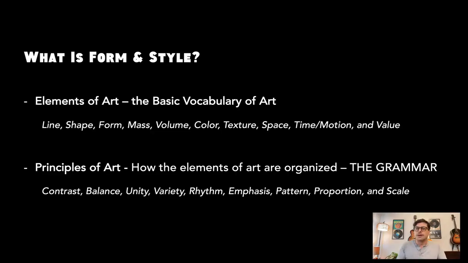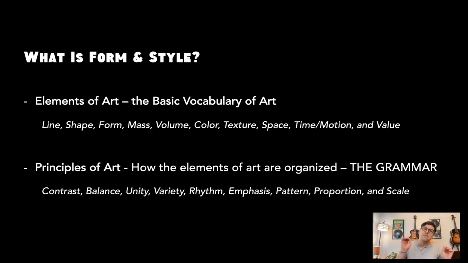So I want you to think about it this way. We have this thing called the elements of art, and then we have this thing called the principles of art. Often they blend really well together, but they are two distinct sets of rules. But what I would like to look at is, like in English, the elements make up all the parts.